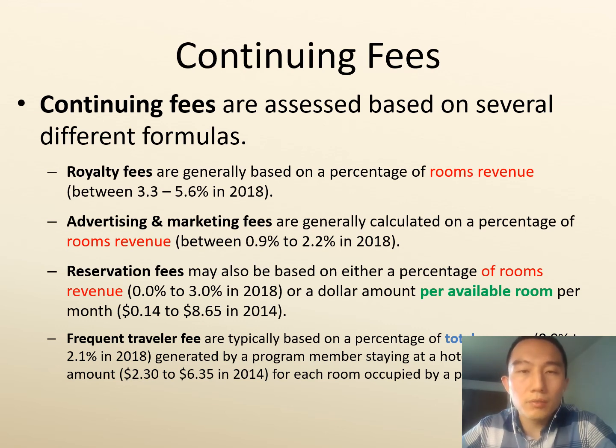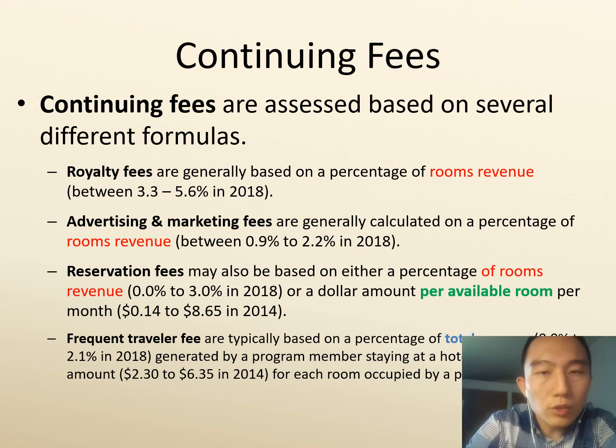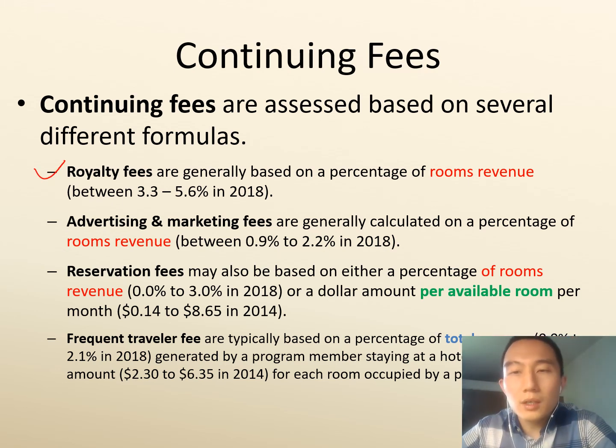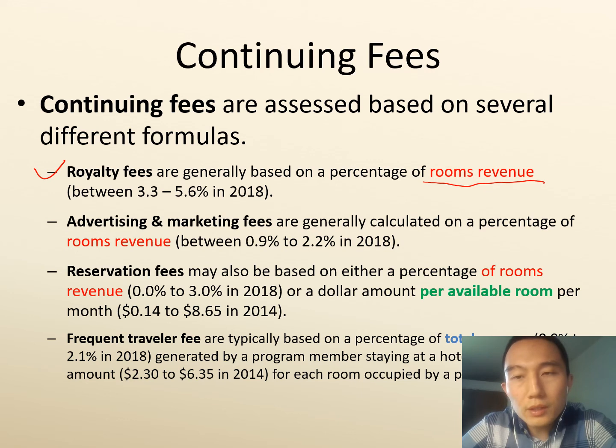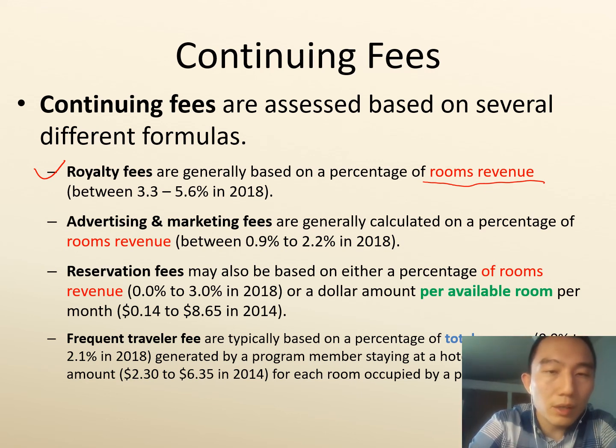For example, the royalty fee is calculated based on a percentage of total rooms revenue. The advertising and marketing fee is also calculated based on a percentage of total rooms revenue.